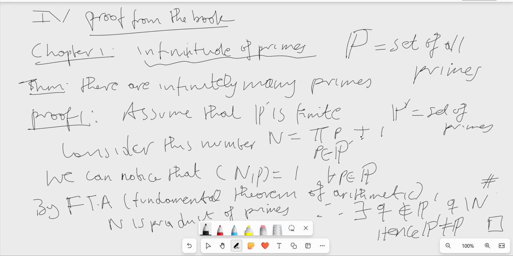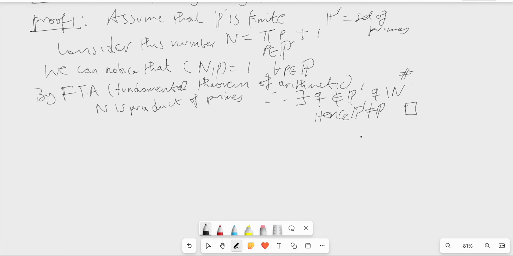I will run very quickly to proof 2. Proofs 2 and 3 will be the same idea, so I can prove them at the same time.